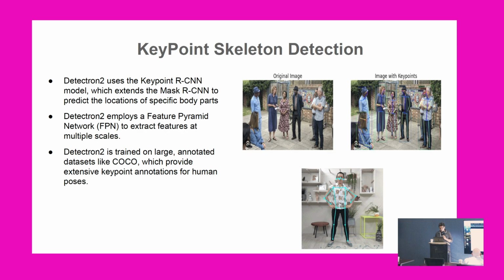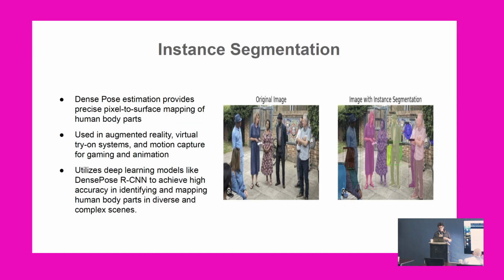And then there's another example, not going too much into the details in the interest of time, another technique evolving from key point detection is instance segmentation. So now you can highlight the entire person from an image. And this is interesting because instance segmentation and another subcategory of it called dense pose estimation allow you to create those avatars that you see in the metaverse and applications like that.